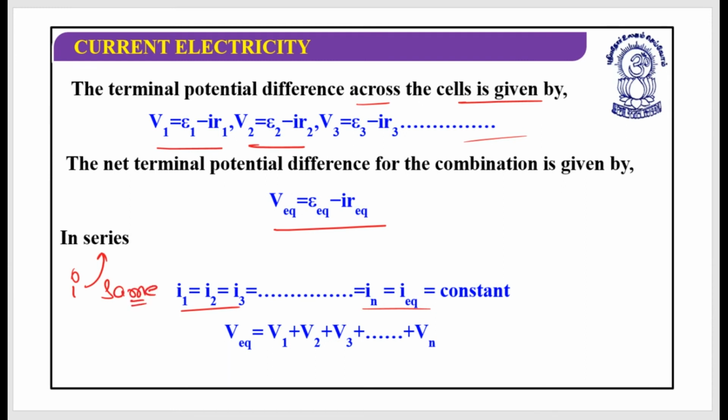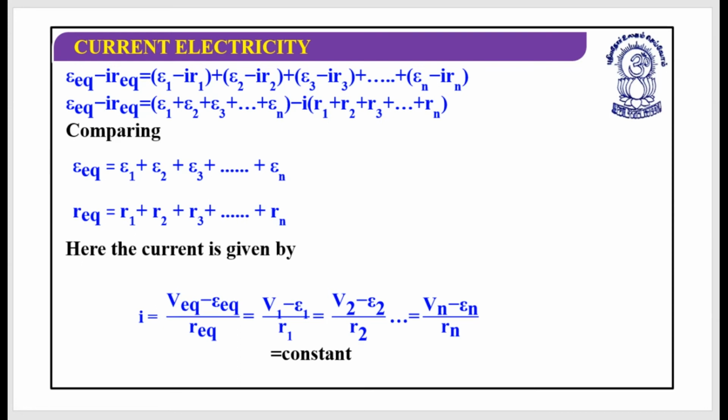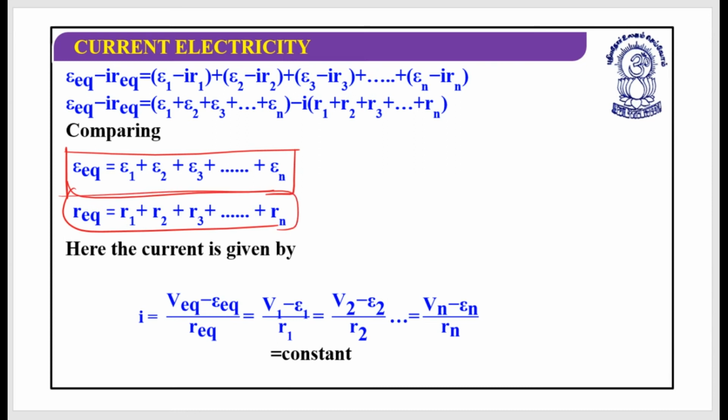I1, I2, I3 and In are the same, and V equivalent equals V1 plus V2 plus V3 up to Vn. So E equivalent would be E1 plus E2 plus E3 up to En, and R equivalent would be R1 plus R2 plus R3 up to Rn.